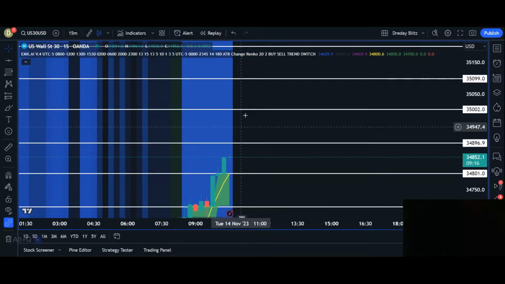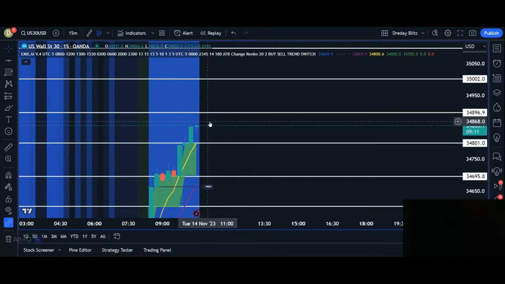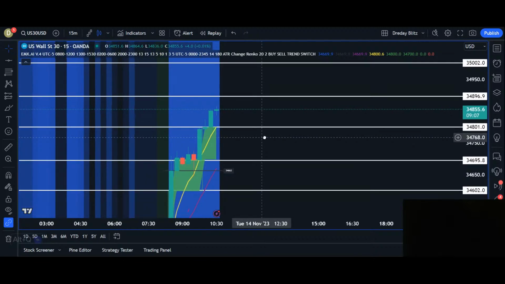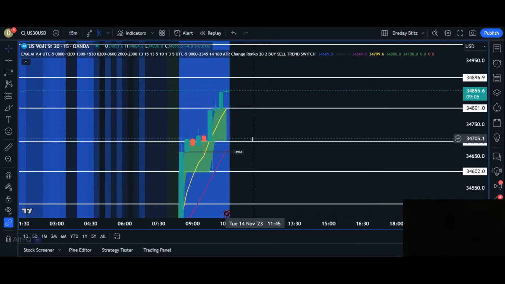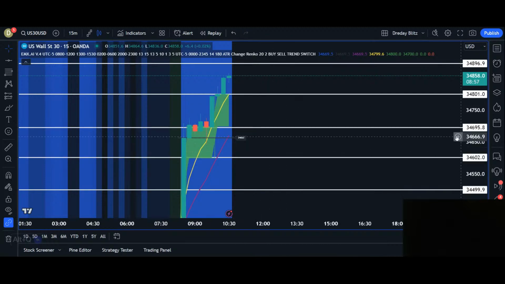Then if it breaks that, it has to go there. And if it doesn't break that, it's going to close out here. To be able to get out of the trade, it needs to break this zone. Okay, and then you need to receive the notification saying that it's going to reverse.